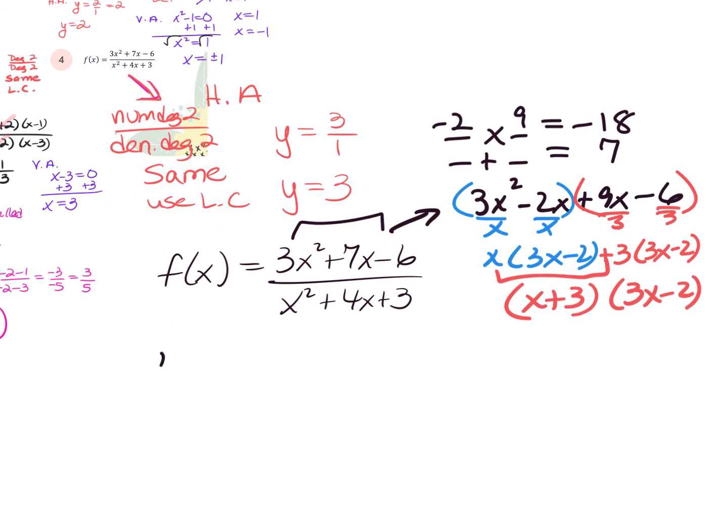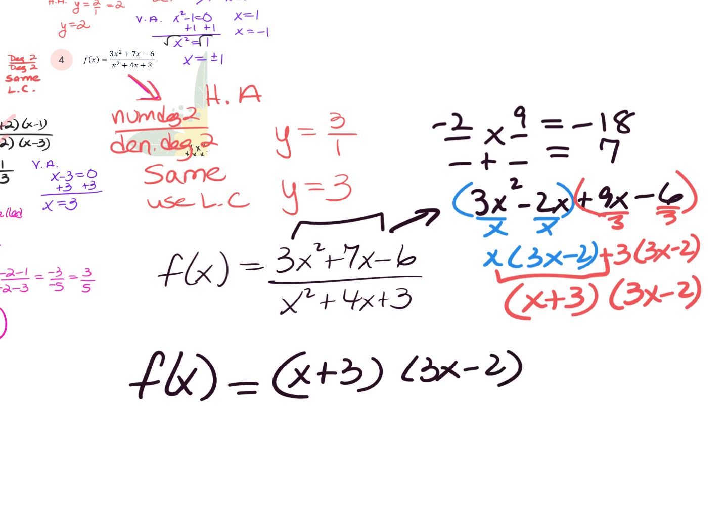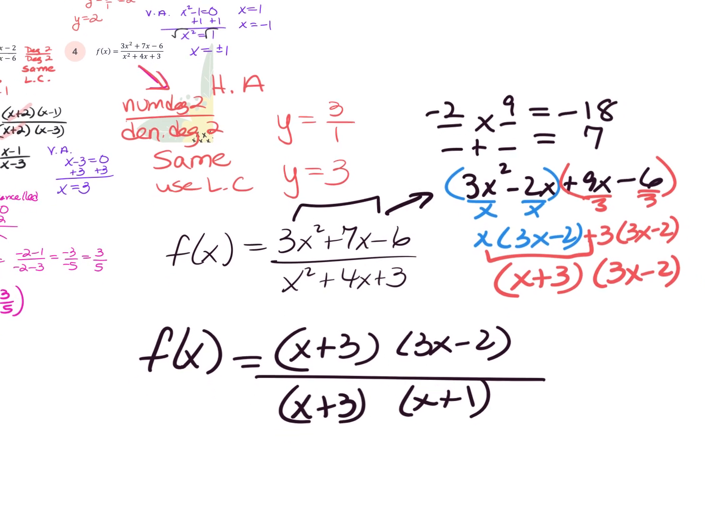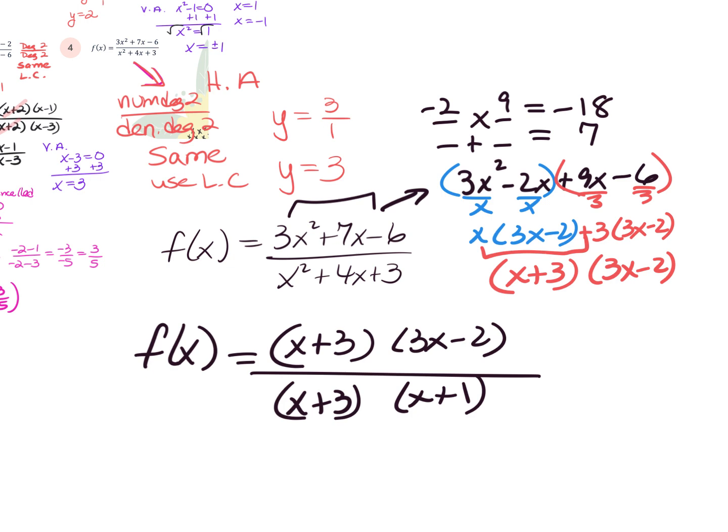So now I have f of x is equal to x plus 3 over 3x minus 2. And then the denominator, factors of 3 that give me 4, it's just 1 and 3. So x plus 3, x plus 1. Now I'm going to look for factors that cancel. So I can cancel the x plus 3's.